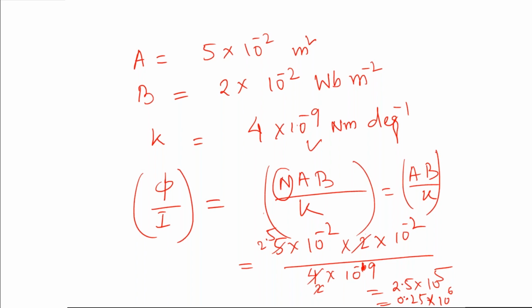So your value of phi by I will be 0.25 degree per microampere. Okay.